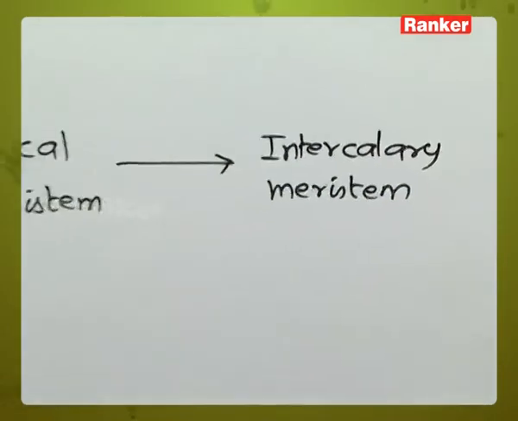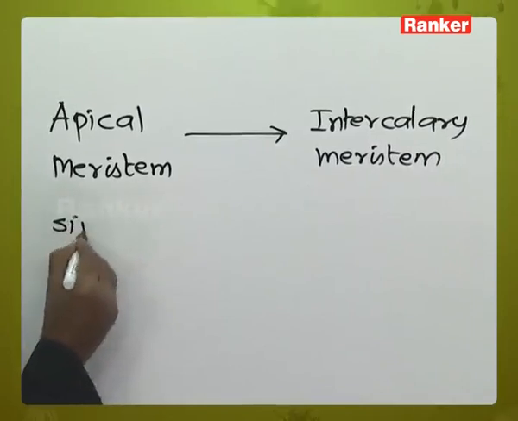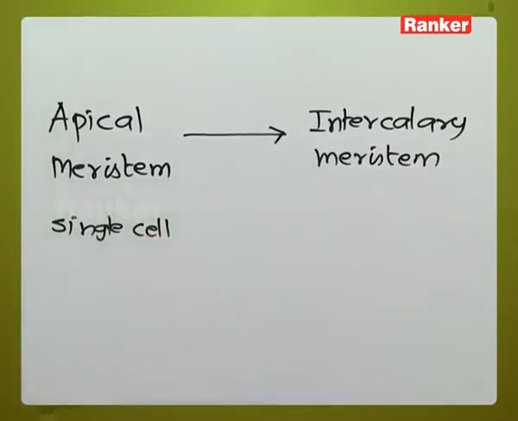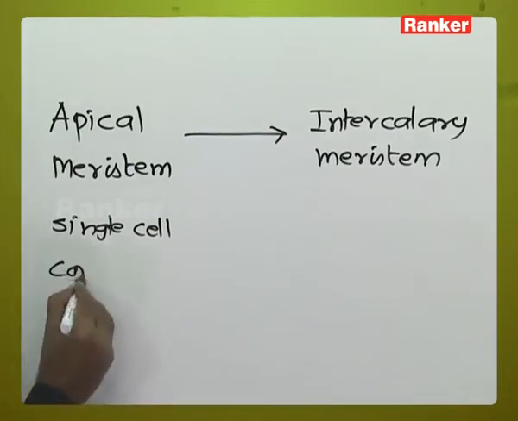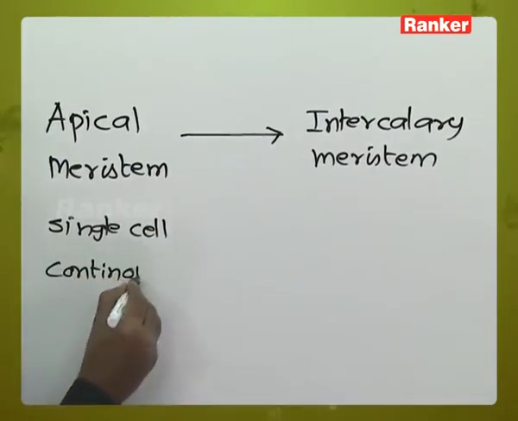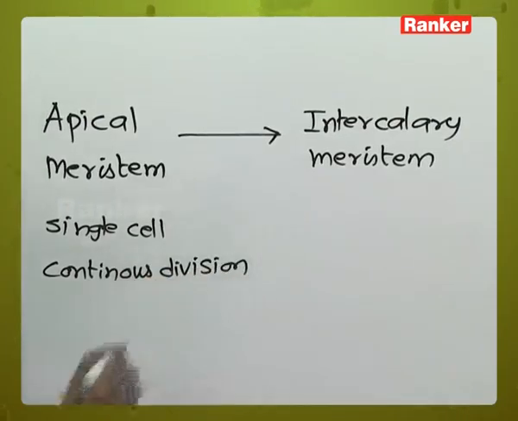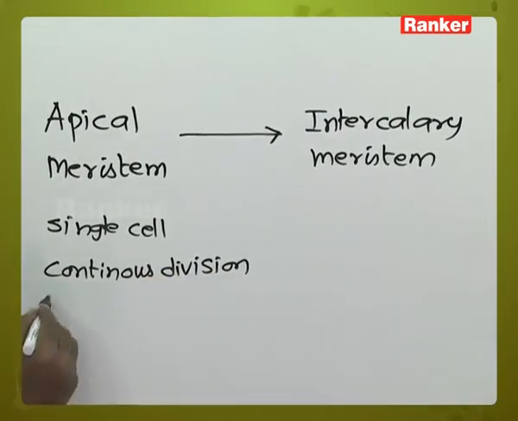The apical meristem is a single cell. It is in a state of continuous division. It is metabolically active.